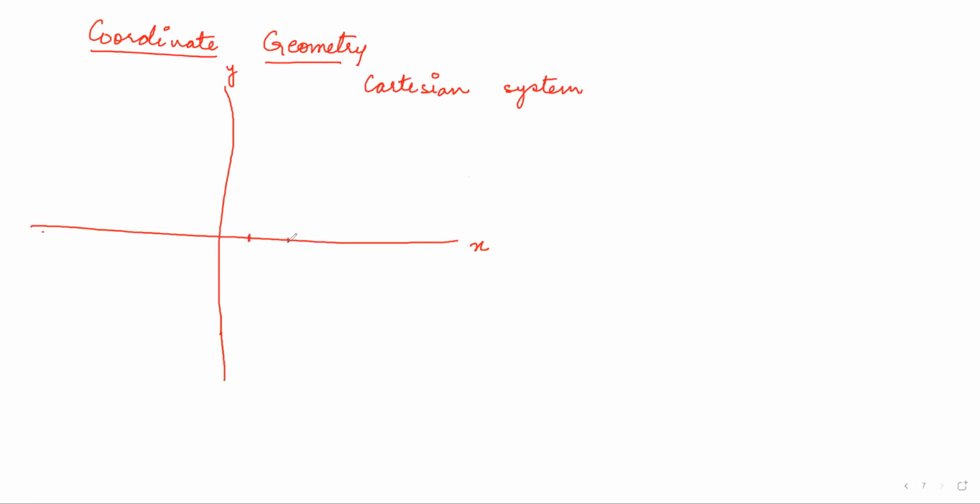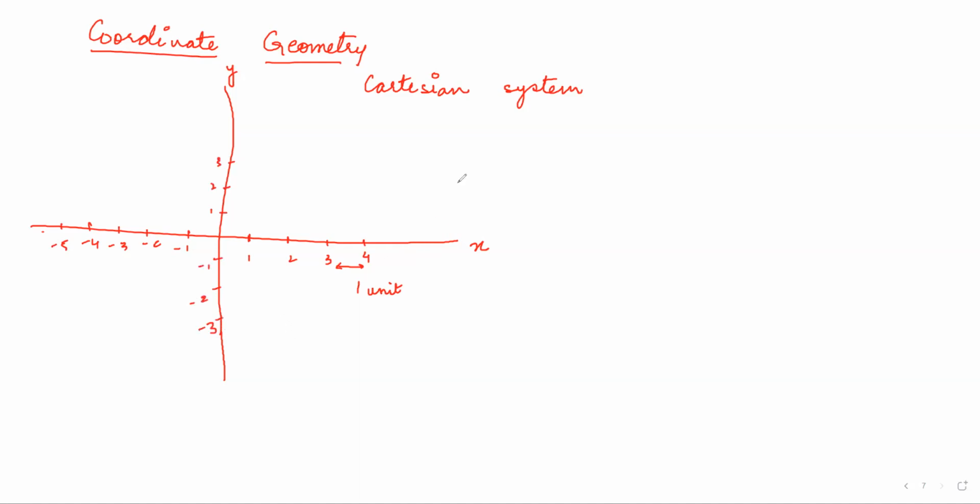So there are points here, 1, 2, 3, 4, like this. This distance is actually 1 unit. They are at equal distances, and similarly you have negative ones here. It's just a recall from class 9th. Similarly, there are positive points here, and then there are negative, -1, -2, and -3, like that.